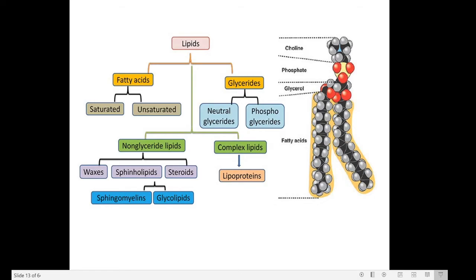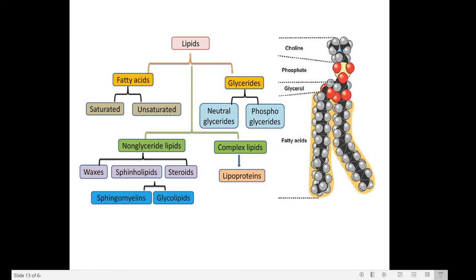So it's a confusing one. Based on the word glycolipid, they ask whether it is a non-glyceride lipid or a glyceride lipid.